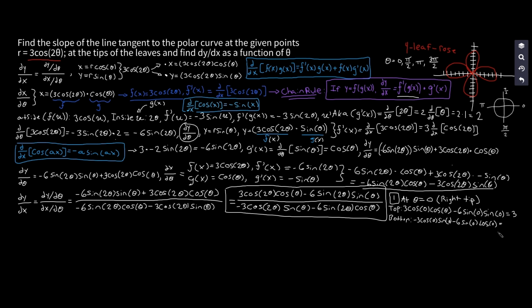That's going to be 0 minus 0. This is going to be 0, this is going to be 0, that's going to be 0. Okay, that means that we are going to get 3 over 0. But what's 3 over 0? Undefined.